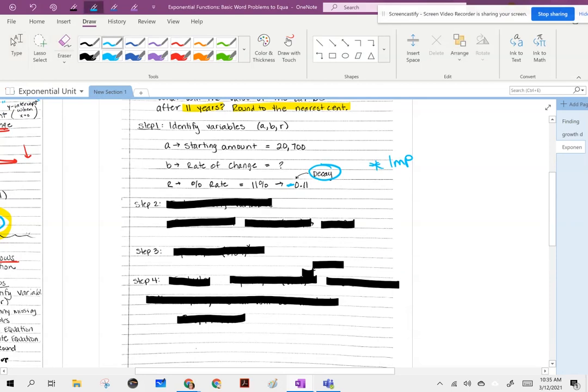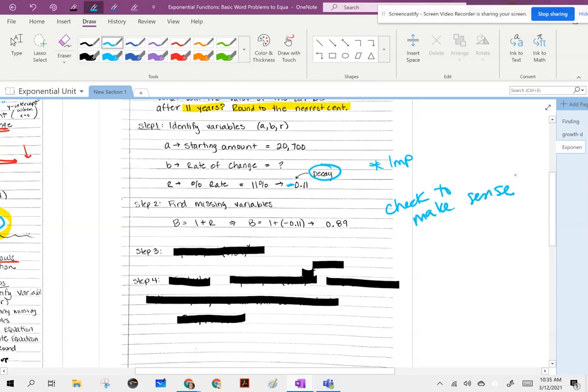So then remember, step 2 would be to find anything else that's missing. So we need to find our missing variables, which means our B value is 1 plus the rate, which in this case is 1 plus a negative, which means when we simplify that, we get a 0.89. Now I want you to check that this makes sense before we move on, because this should be a number less than 1 if it's decay.